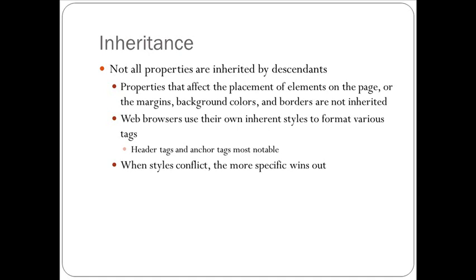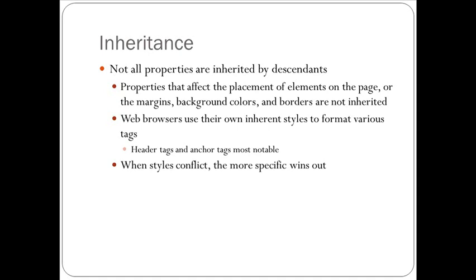If it was inherited, you'd have a box around all those other elements as well, and it wouldn't look so nice. So things that deal with placement, margins, backgrounds, borders, those are not inherited. And as we come across them, we'll talk about some of them.